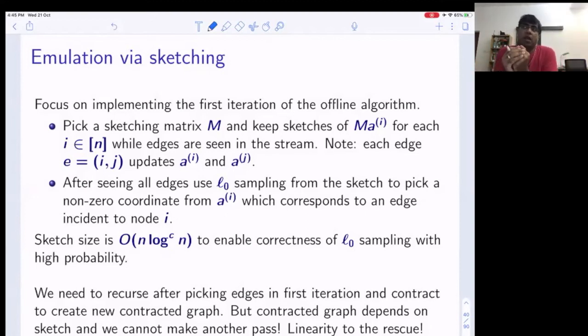This is where we will use the linearity of our sketch. For the contracted vertices, I don't need to see the stream another time to create the vector. I can create the vector by looking at the vectors in the contracted objects. And this is where we use the fact that if I sum these vectors, it represents all the edges which are emanating out of this.